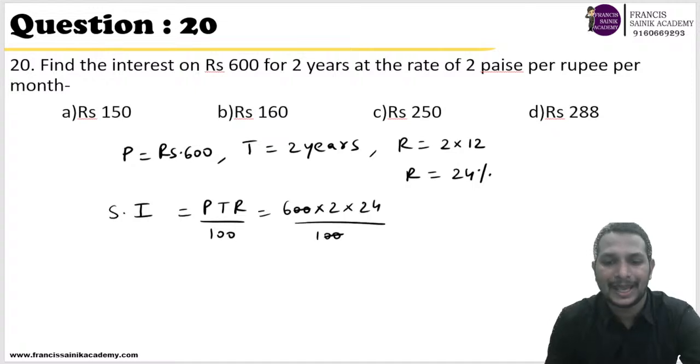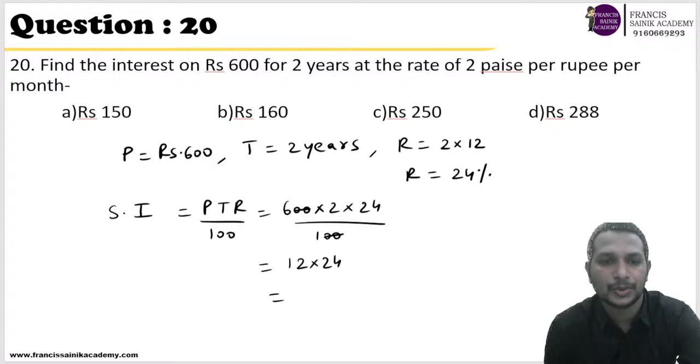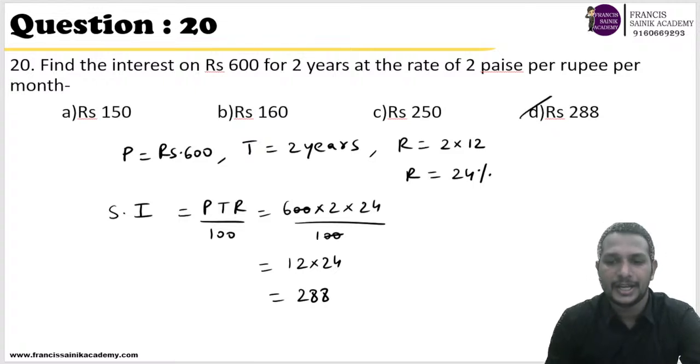Two zeros will be cancelled. As the zeros are getting cancelled, the remaining numbers are multiplied. 6 into 2, 12 into 24 becomes 288, which is nothing but option D. So we got the answer as option D.